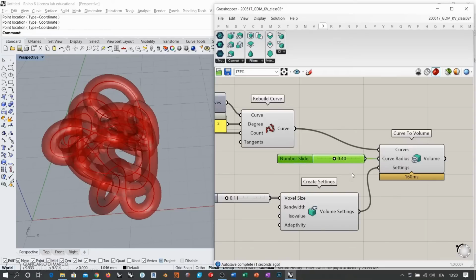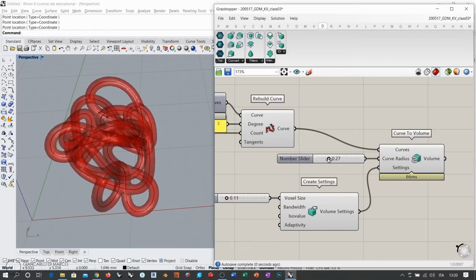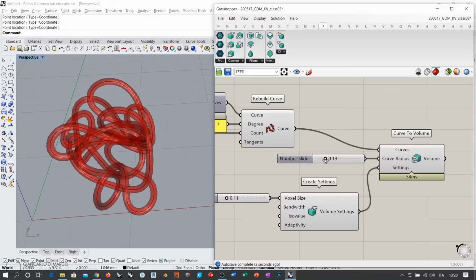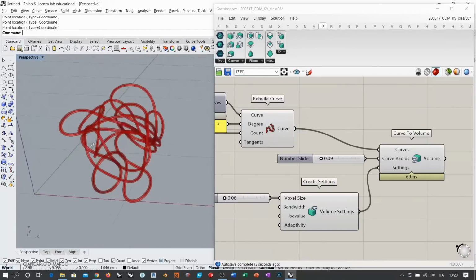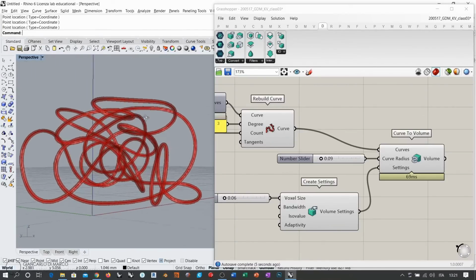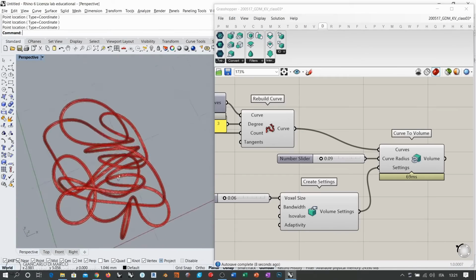If we take a look at this tube here, we should see that it never self-intersects. Let's double check. I see no self-intersection at all.